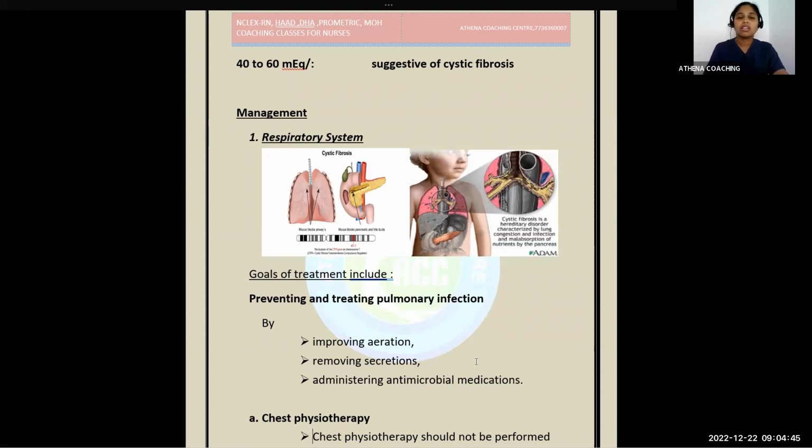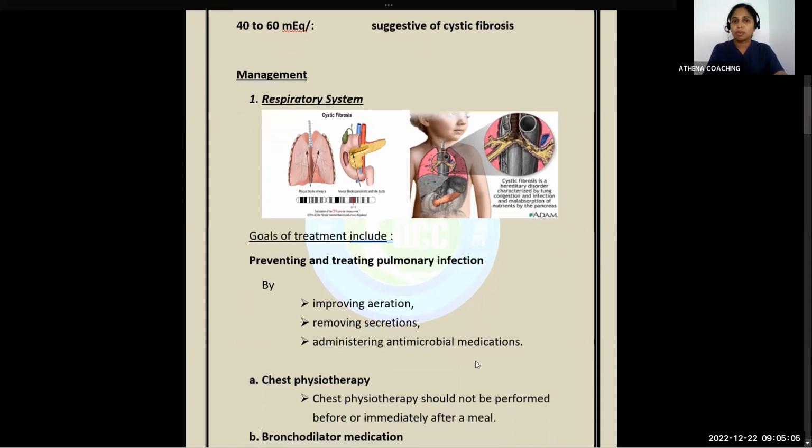Because when your respiratory tract is plugged with secretions, it enhances the chances of infection. So taking measures to prevent infection is very, very important. Clear? So all these three aims you should always keep in your mind while managing cystic fibrosis.